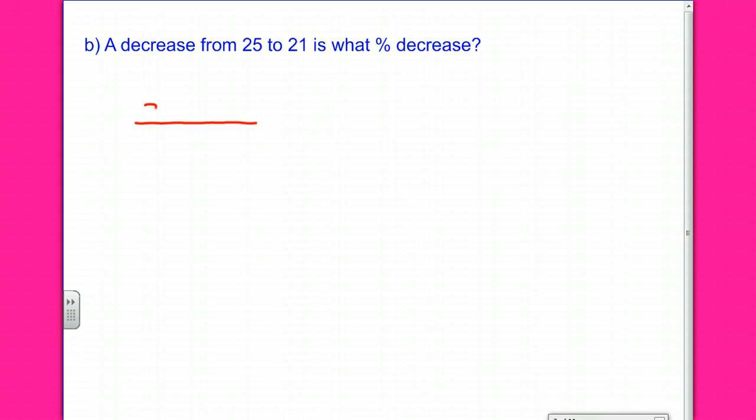It's actually 21, good. And we're going to take away the original 25, but what do we put in the denominator? Is 21 the original? 25 is, right, so we put it over 25. Equals n over 100. And 21 minus 25, Aiden?